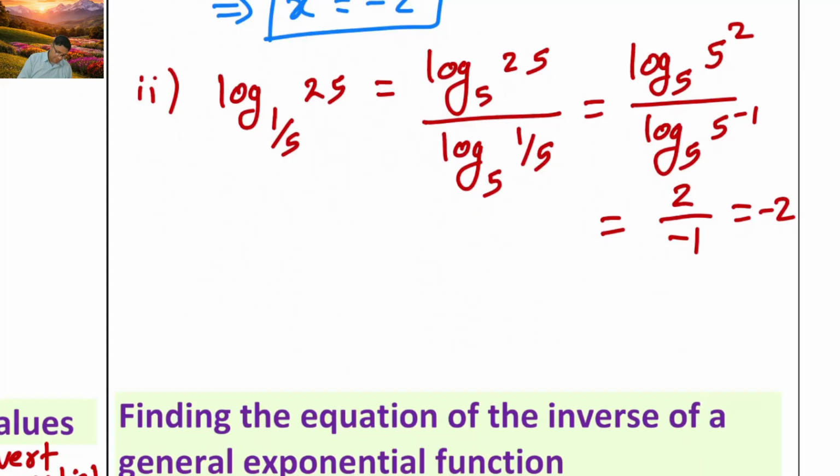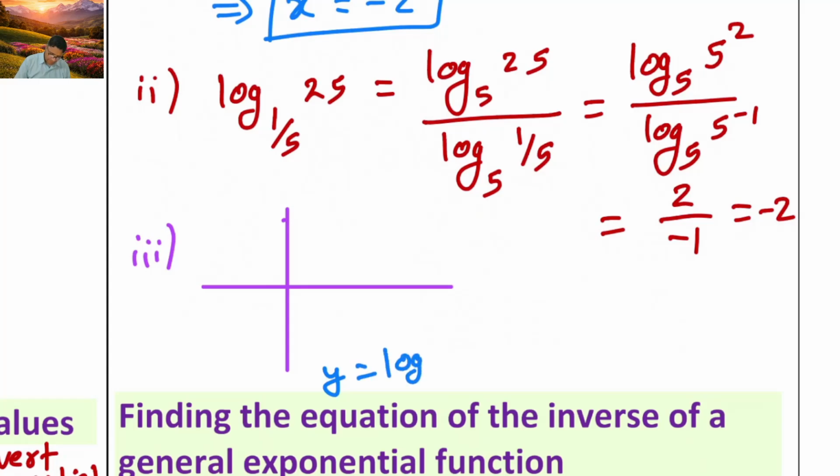And method 3, you look at the graph, right? I was saying choose an appropriate graph. The graph you should be choosing should be the graph of y equals log base 1/5 of x.